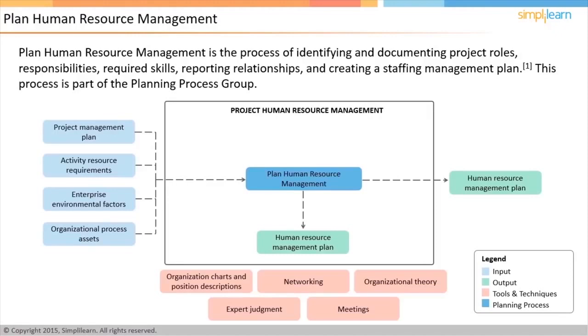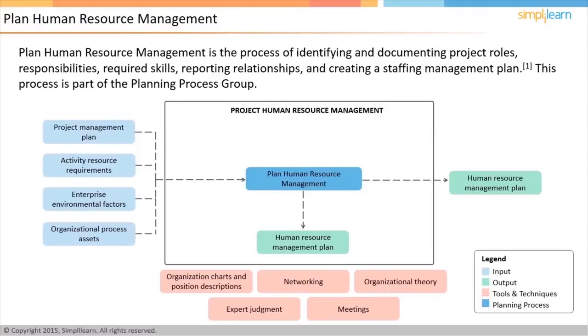Another component of the Staffing Management Plan is the Recognition and Reward System. Recognition and Reward System helps project managers motivate their team. The Staffing Management Plan is relevant to the projects of a functional or matrix organization where project team members are always caught in a dilemma about prioritizing project work against regular departmental work.